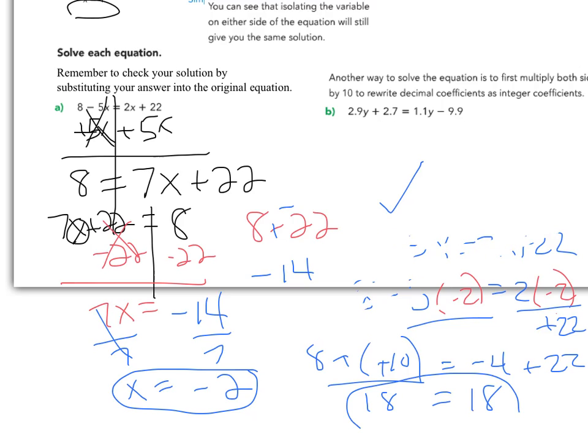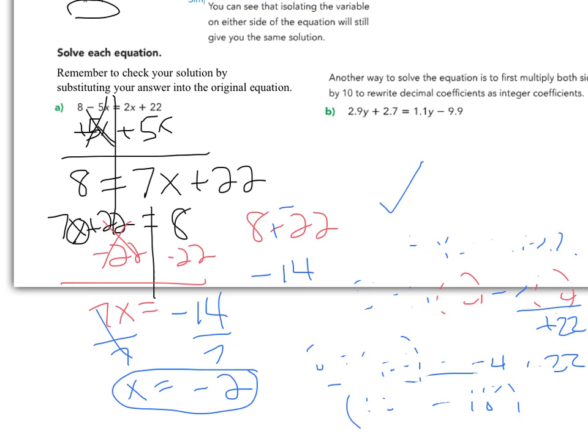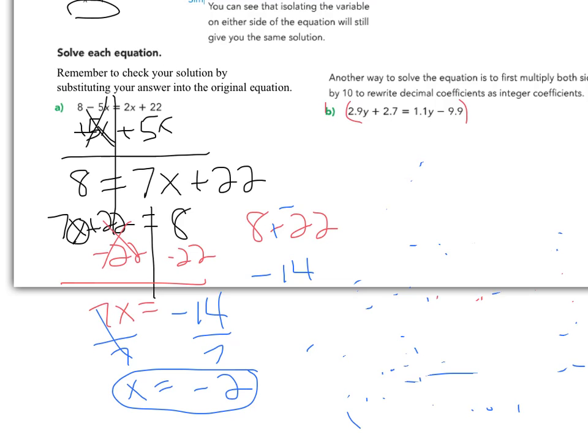So I'm going to erase my check so that I can do this problem right here for B. It says another way to solve an equation is first multiply both sides by 10 and rewrite the coefficients as integers. So what they're saying is if you multiply every single term by 10, instead of having decimals, you're going to have whole numbers.